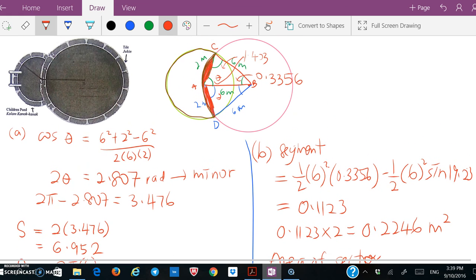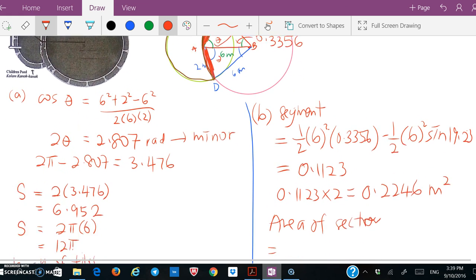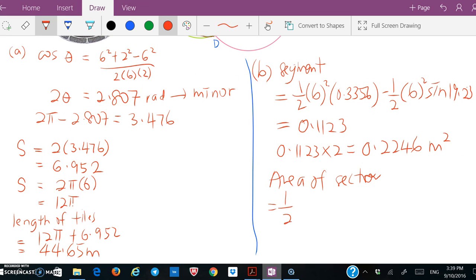And then we have to find the area of the sector of the children's pool. Okay, the area of the sector of the children's pool is half 6 squared. No, it's not 6 squared. It is 2 squared because the children's pool is 2 meter in radius, times the angle in radian for the major sector, that is 3.476.